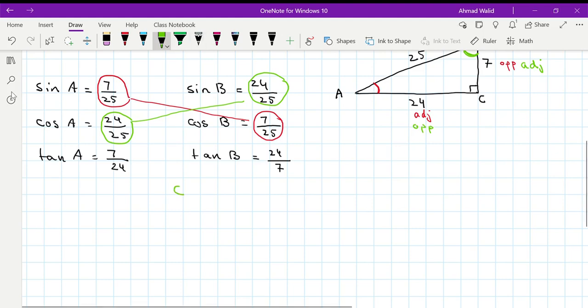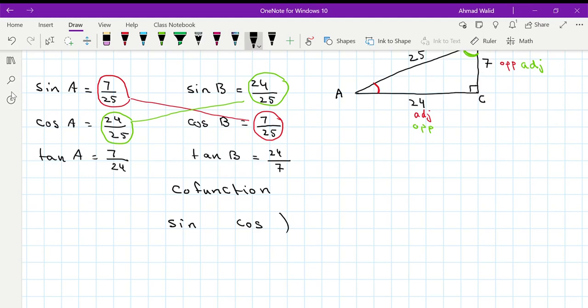Oh, let me change the color again. It's green, black. What is co-function? There is a relation between trig functions we call co-functions. Sine and cosine are co-functions of each other.